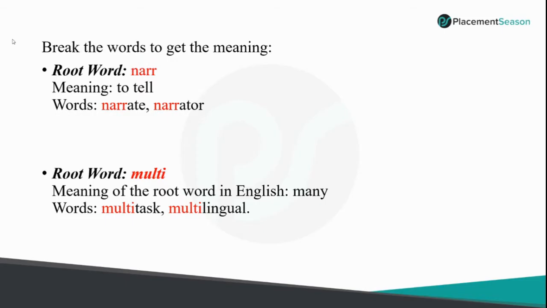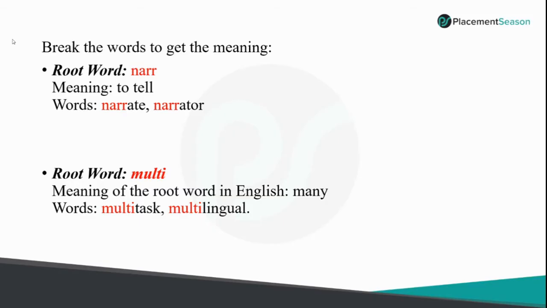Now let's see, break the words to get the meaning. Let's see the first word, nar. What is the meaning of nar? It is to tell. Based on that, what two words are we able to create? Narrate, narrator. Narrate is to say. Narrator is someone who says. Now let's come to the next word.